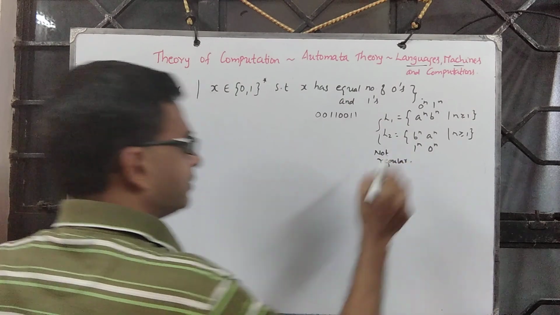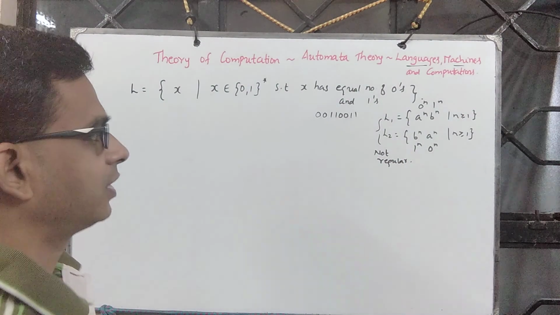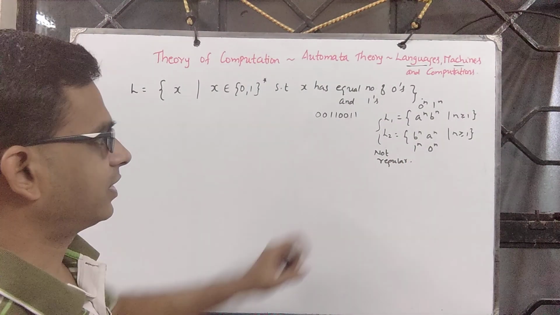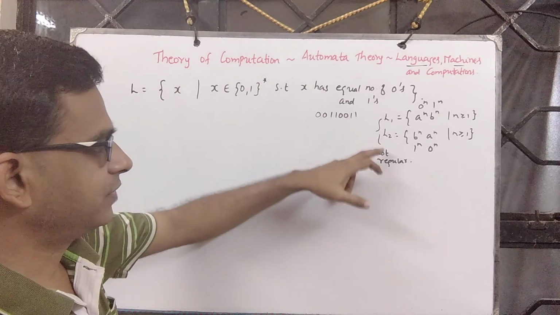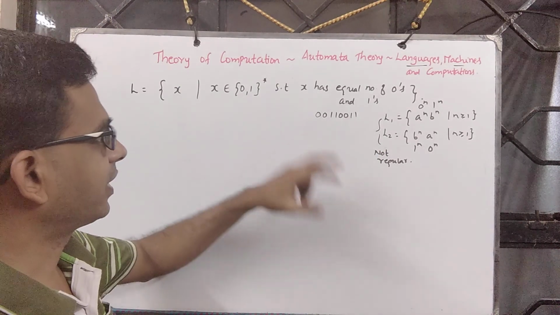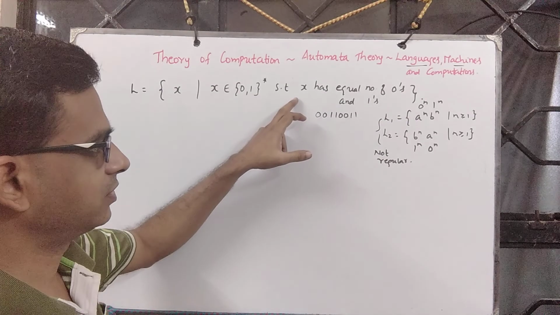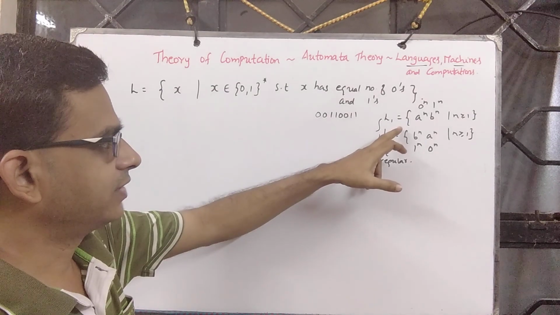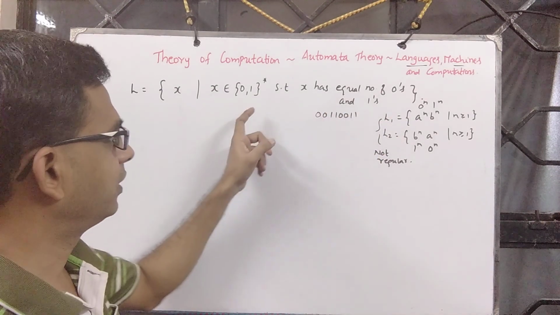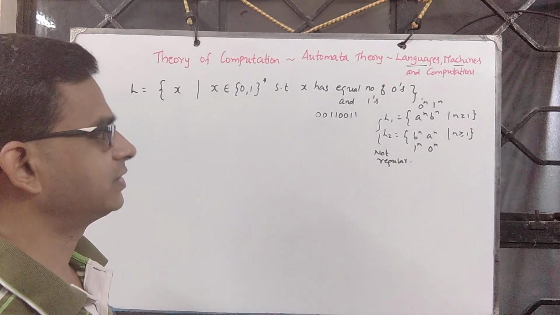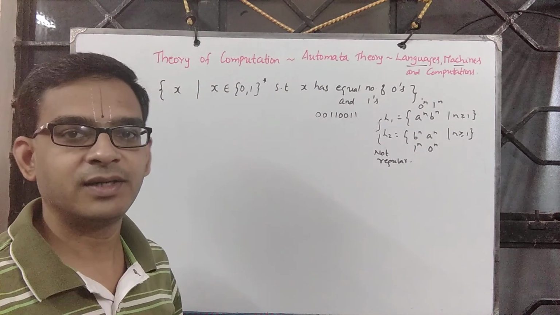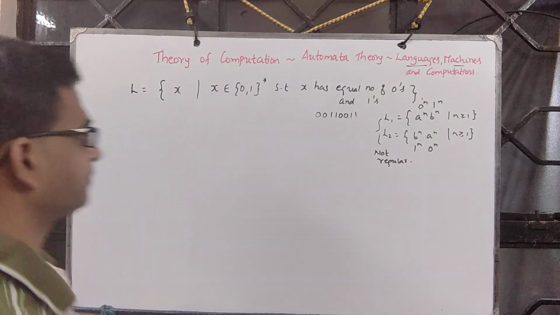So that itself gives you a message. Here is a language which is not regular and it has a special case of this. Then can I simply mimic this proof to say that this language is not regular? Answer is yes.